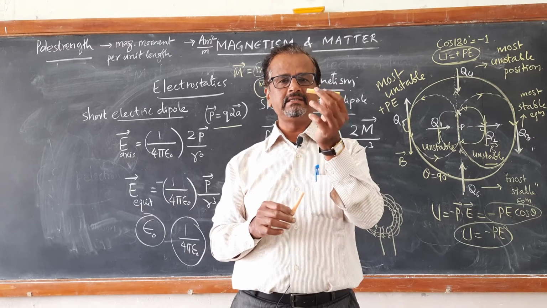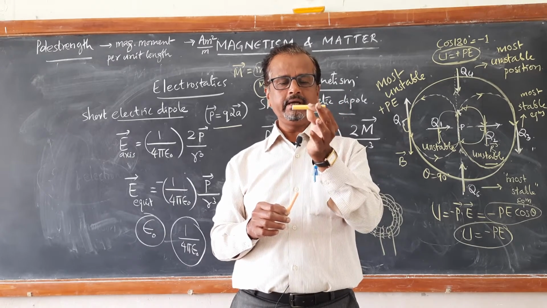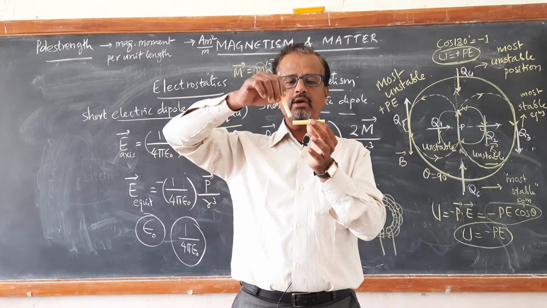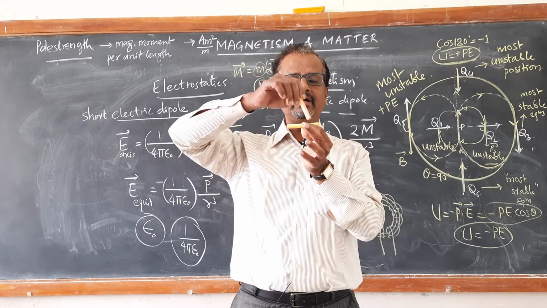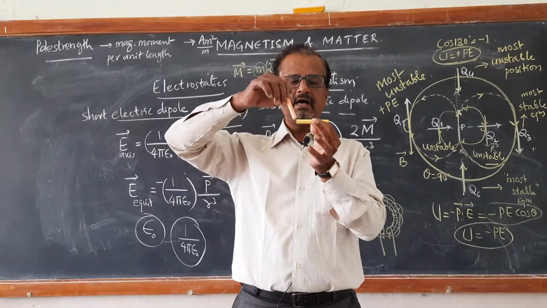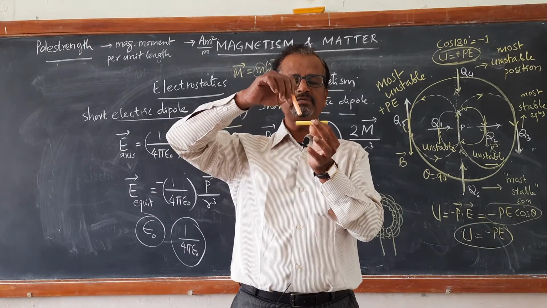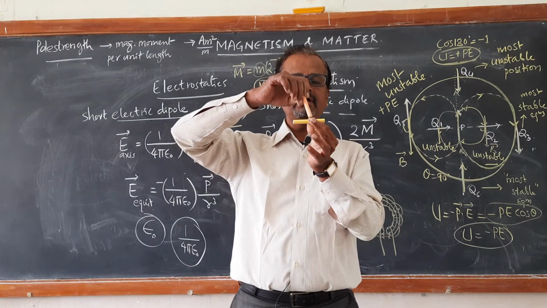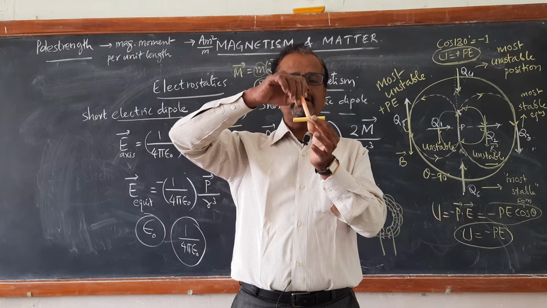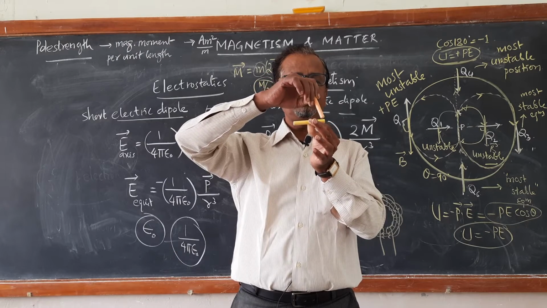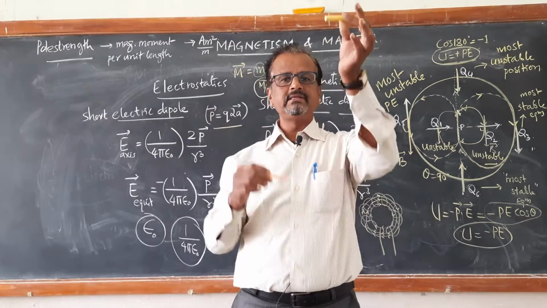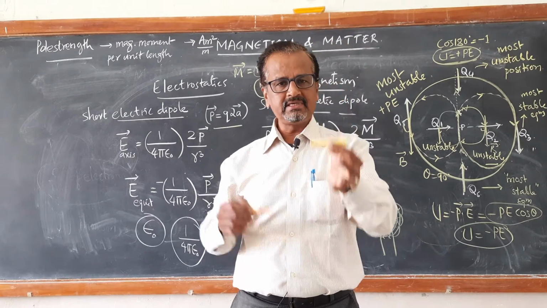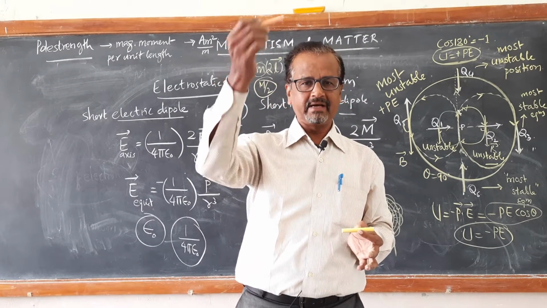So let us say this is A and this is B. Suppose you go on testing from one end to the other end along the length. As you test at different positions, if the attraction is the same everywhere, then this is the iron piece, the other one is the magnet.